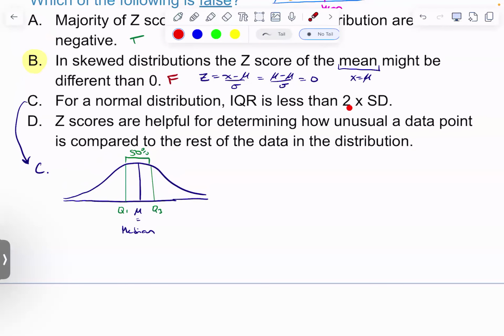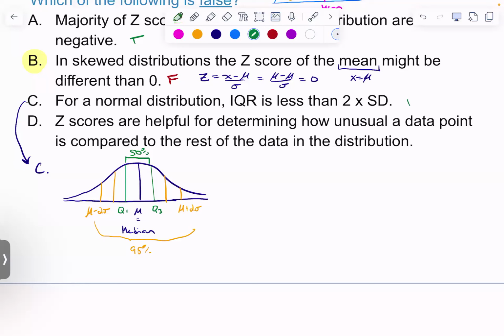It's even less than 1 standard deviation away. Because if this is the central 50, I can move down 1 standard deviation, definitely at 2, mu minus 2 sigma. Can move up 1 or 2, mu plus 2 sigma. And this area is the 95% by the 68, 95, 99.7 rule. So the interquartile range is less than 2 standard deviations.